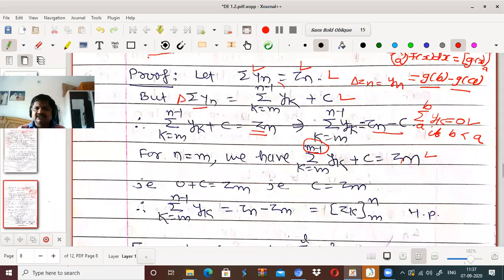What will be delta of this term? We have to find delta with respect to n.